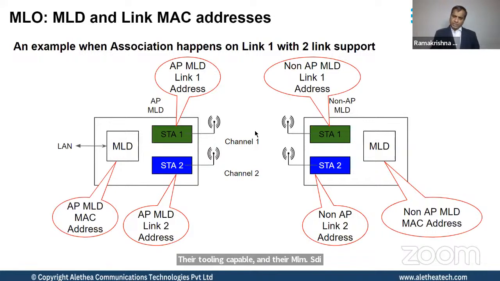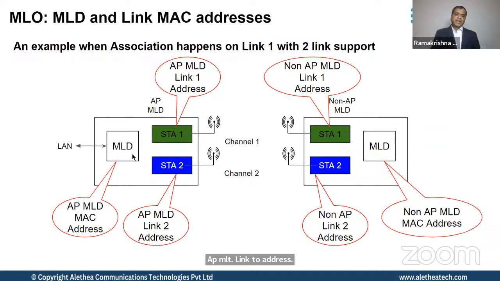It doesn't change too much, even if it is EMLSR or something else, but it just makes the argument simpler. Now, each channel is associated with one STA, and this is called STA1 and this is called STA2. And each of them will have one address. The first one I would call AP MLD link 1 address, and the second one I would call AP MLD link 2 address.